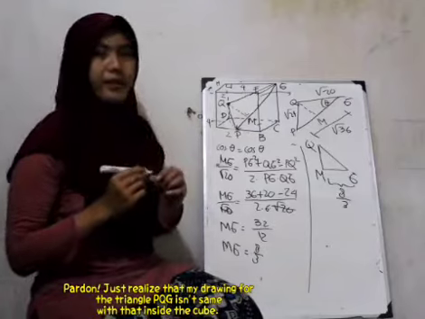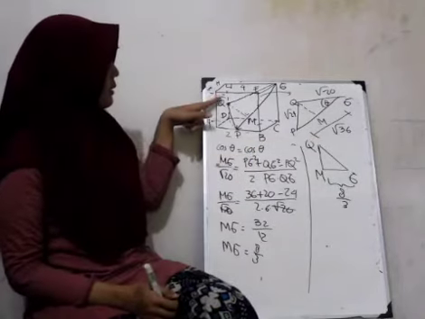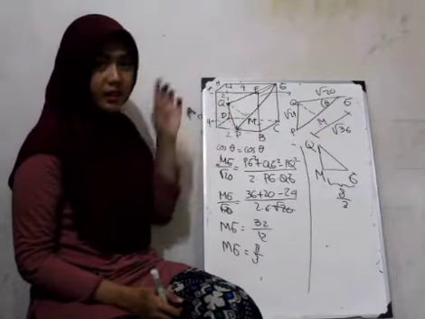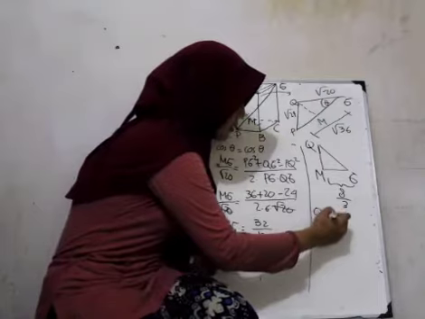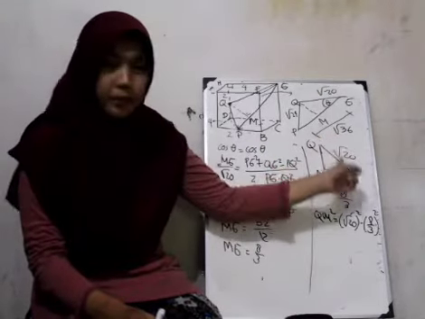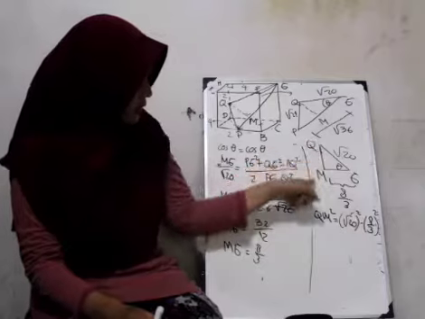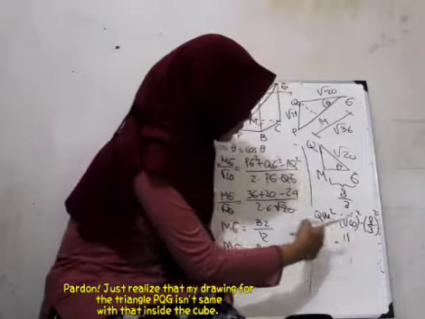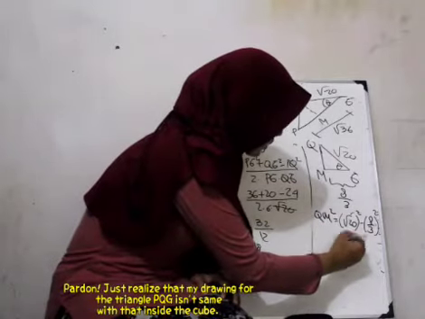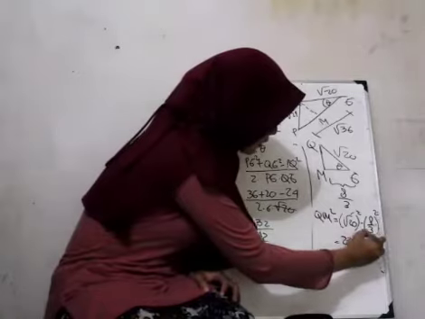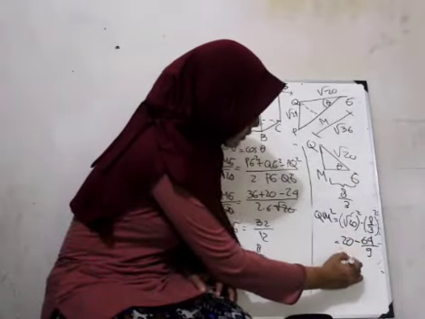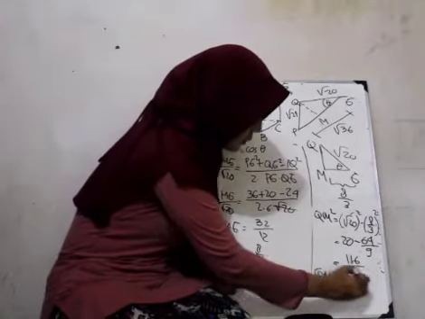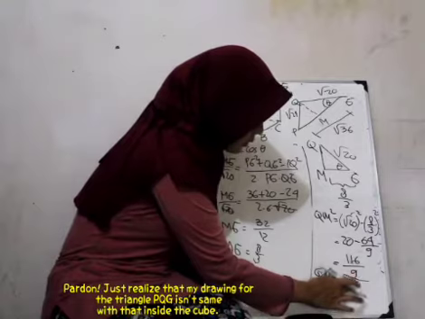Then we will easily find the distance from Q to the line PG, that is QM. It's the hypotenuse squared minus this MG squared. So we have 20 minus 64 over 9, which equals the square root of this.